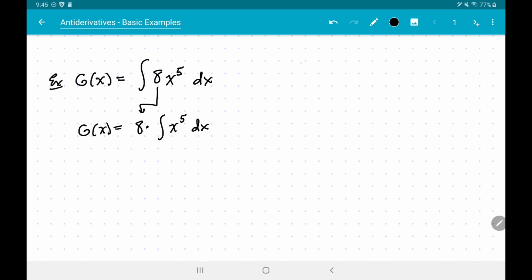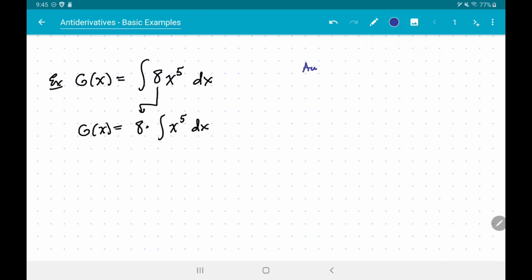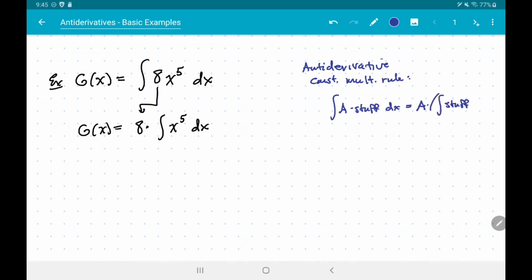That is from the antiderivative constant multiple rule, which says that the antiderivative of a times stuff is constant a times the antiderivative of the stuff.